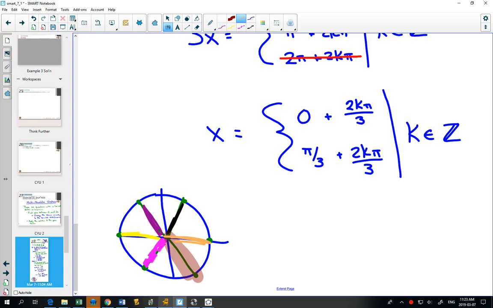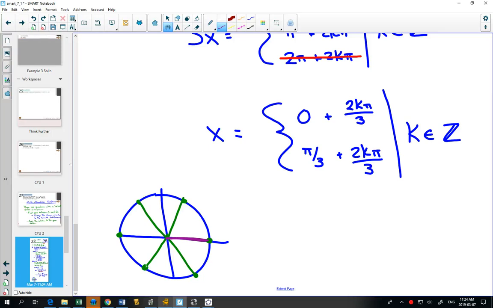My second solution, by finding my answers from 0 to 2 pi first, and then dividing by 3 next. I'm going to get rid of some of those colors that I added, because now I start at 0, and if I add 2k pi divided by 3, that means you're adding 2 pi over 3, which is 120 degrees, over and over again.